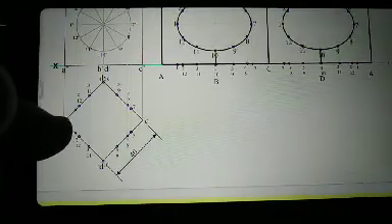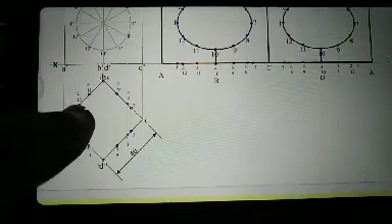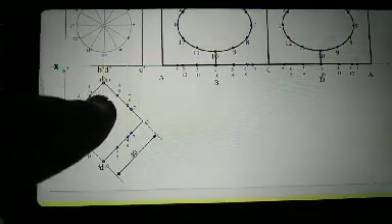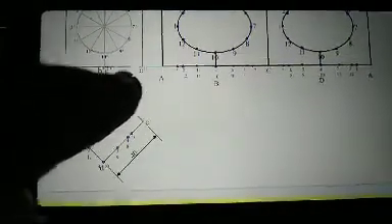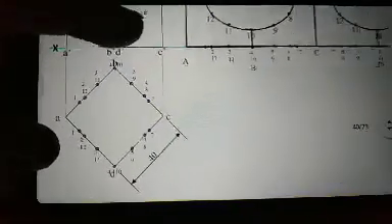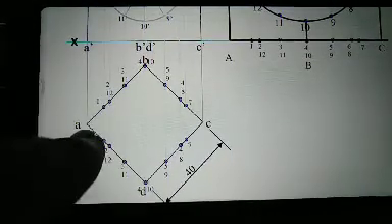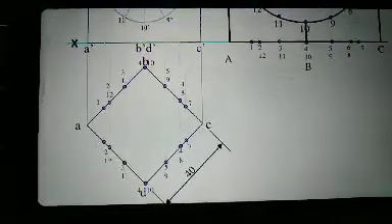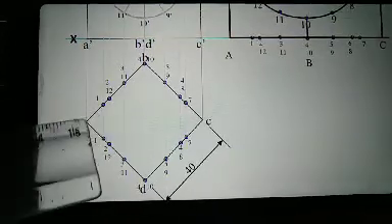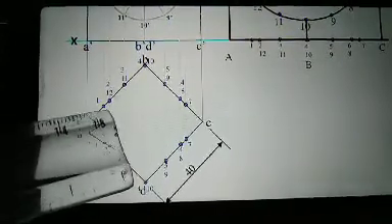As we go from A to B we get first point 1, then 2 12, then 3 11. Take a distance equal to A to 1, this is point A, this is point 1.